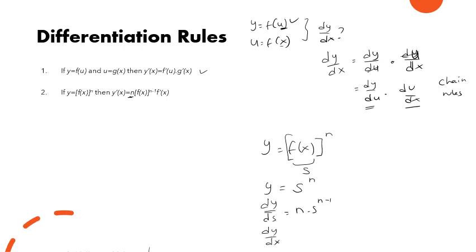Again, it's just like the chain rule over there. dy/dx will be dy/ds times ds/dx.